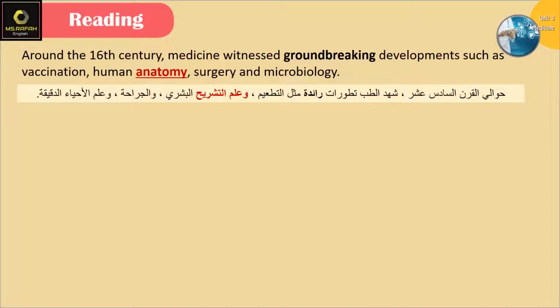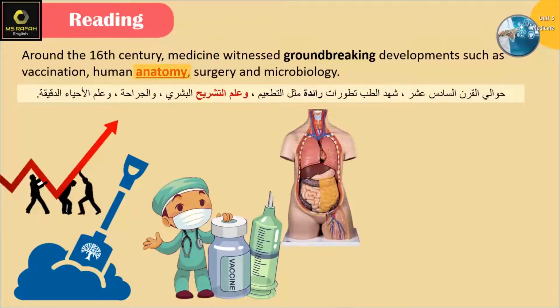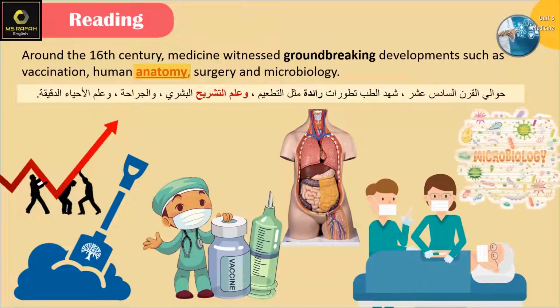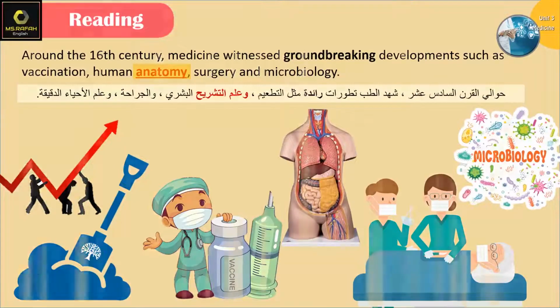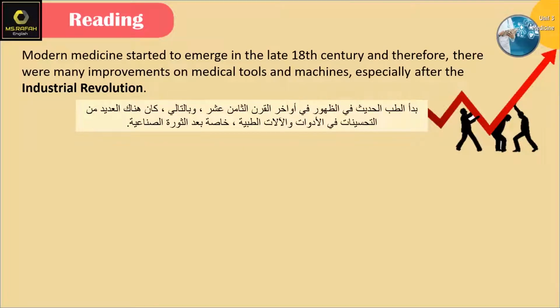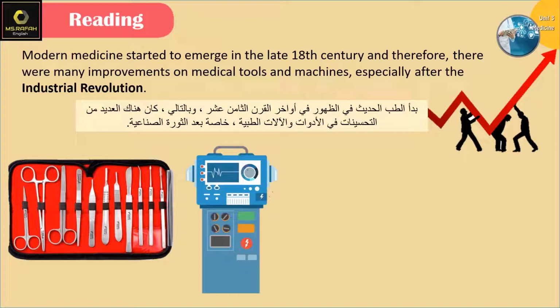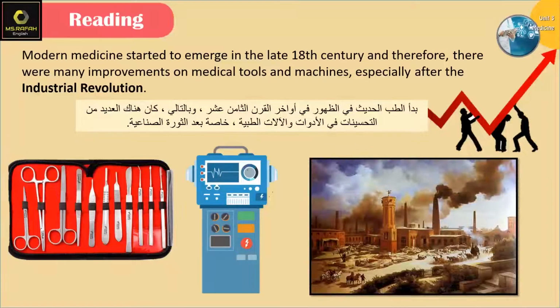Around the 16th century, medicine witnessed groundbreaking developments such as vaccination, human anatomy, surgery, and microbiology. Modern medicine started to emerge in the late 18th century, and therefore there were many improvements on medical tools and machines, especially after the Industrial Revolution.